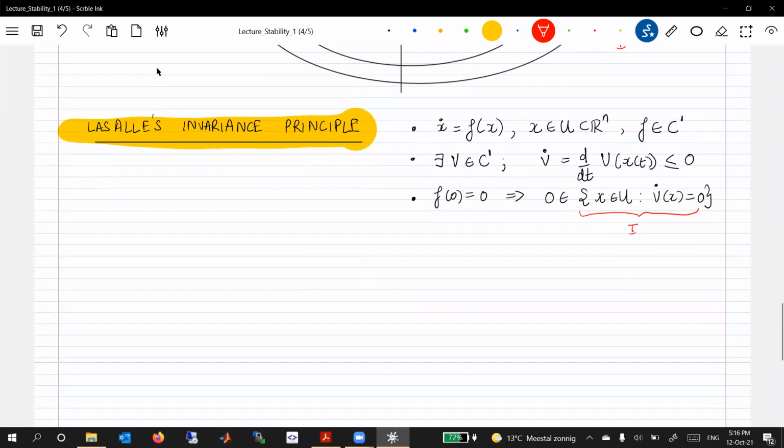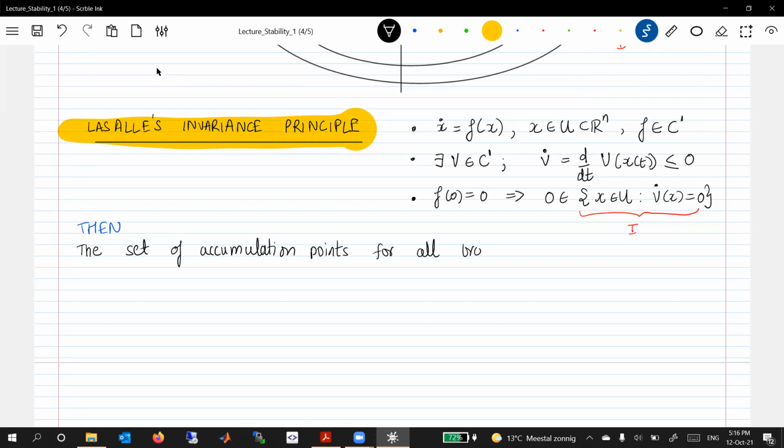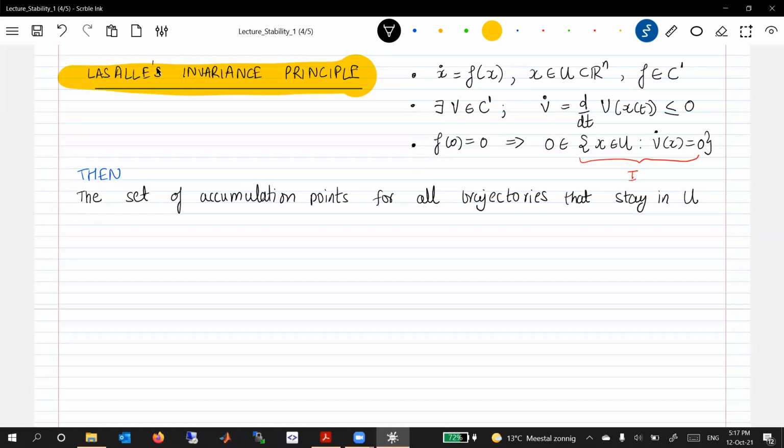So if this holds, again, I'm still setting up the statement, then the set of accumulation points, or so to speak, limit points, for all trajectories that stay in U. So we are focused in this set U. We start with all trajectories.